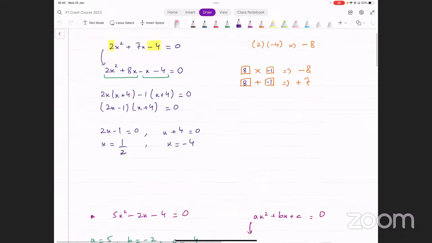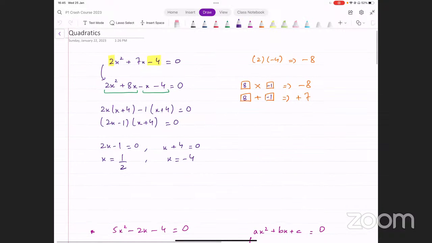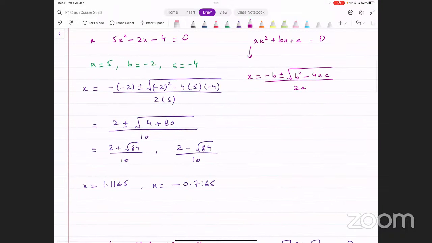quadratic formula. What's important to remember here is when you are solving quadratic equations in paper one, M1 or S1, you always have to make sure that you at least show the step in which you're factorizing and showing the factors, or if you're using the quadratic formula, at least show the step in which we're inputting values in the formula.